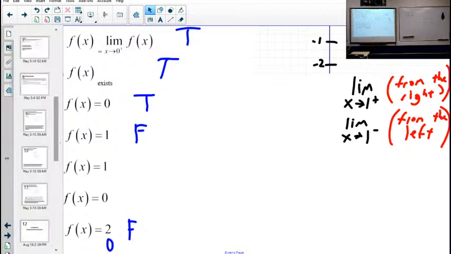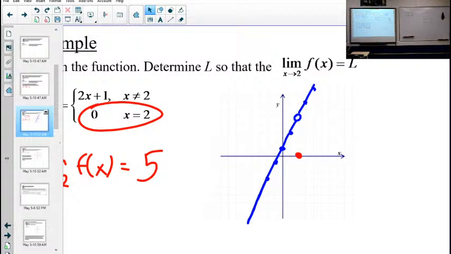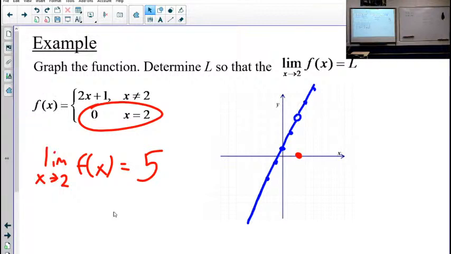So that's what we talked about yesterday. We left off with this example. And basically we had this line everywhere except at 2. And we talked about how the limit as x approaches 2, even though we're saying that f of 2 is 0, that doesn't matter. What matters is what's happening around 2.